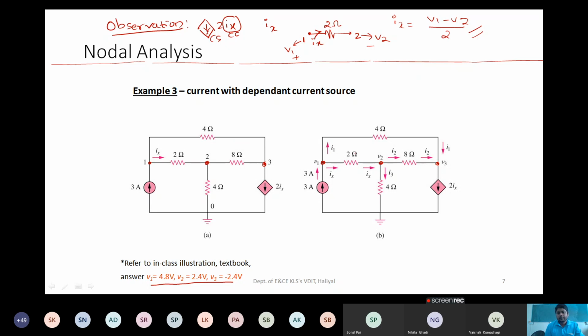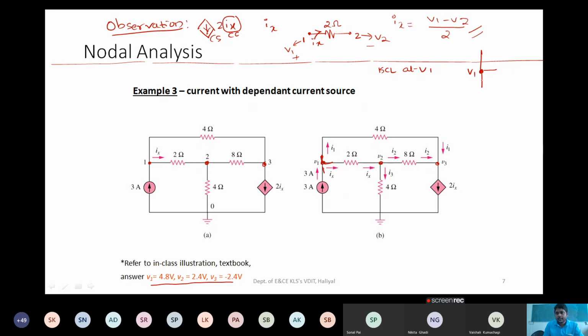Now if I take KCL for V1, you need to imagine how many branches are leaving that V1 node. We know there are 3 branches, branch number 1, 2, and 3.